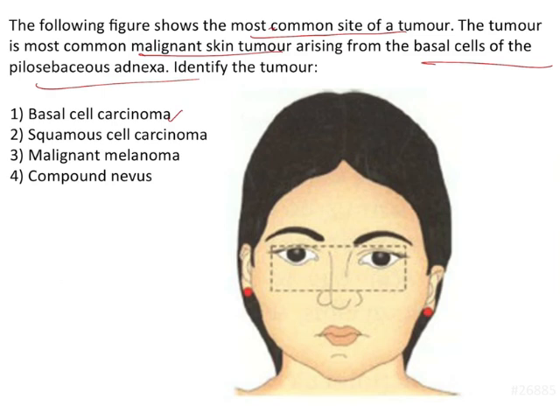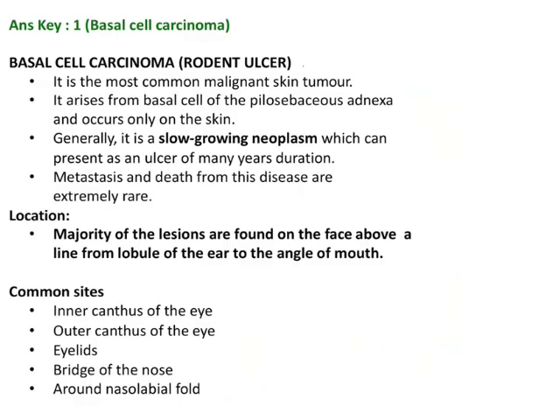Now, before eliminating the other options, let's learn a few points of basal cell carcinoma, right? What are the other names of basal cell carcinoma? One is rodent ulcer, one is tear cancer, basilioma. Okay, these are the other names of the carcinoma.